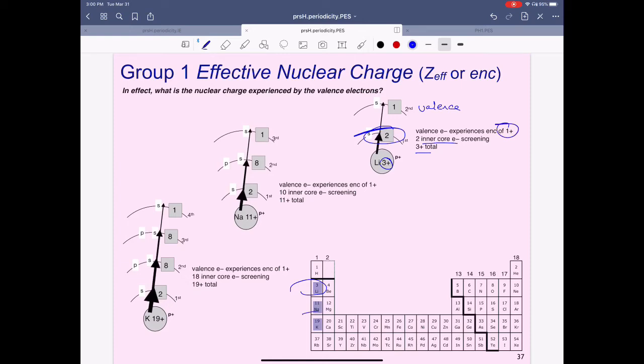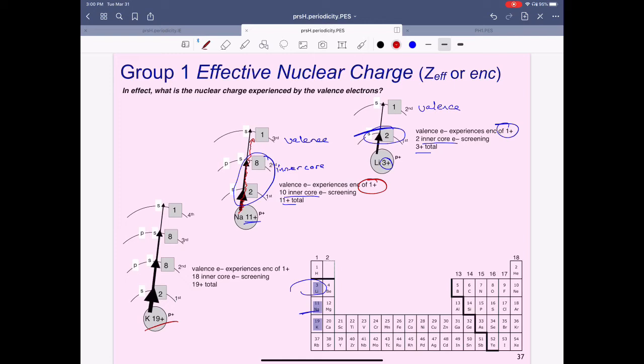If we proceed down the periodic table to sodium with its 11 protons, and this time an inner core of 10, this being our inner core. And so the valence electron, what actually gets out? The nuclear charge, some is blocked by the inner core, and what actually leaks out to the valence electrons is 1 plus.